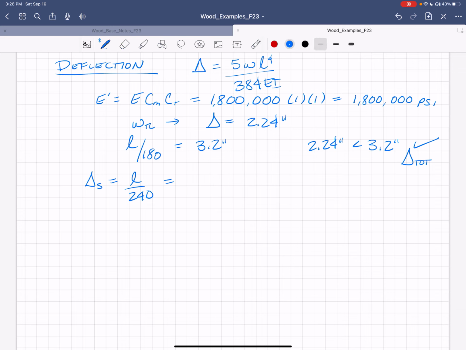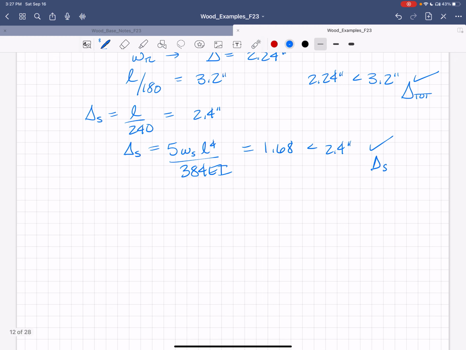Skipped a step there. L over 240, which makes a lot more sense, is 2.4 inches. And the actual calculated one, if I go through my 5W just to snow, L to the fourth over 384 EI, that gives me 1.68. So that is less than the 2.4. Delta snow is also okay.